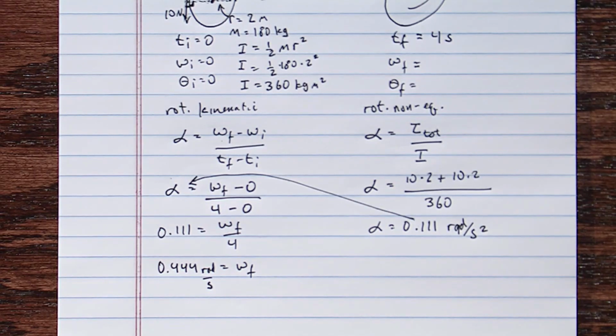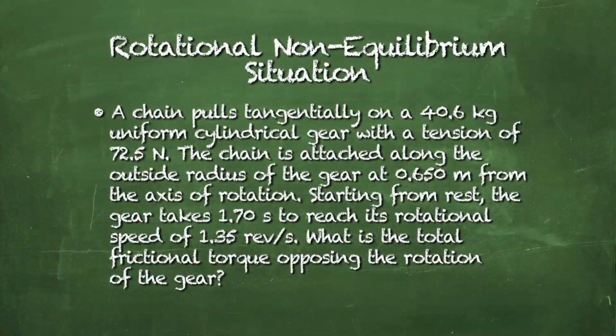Let's try another example. A chain pulls tangentially on a 40.6 kilogram uniform cylindrical gear with a tension of 72.5 newtons. The chain is attached along the outside radius of the gear at 0.65 meters from the axis of rotation.